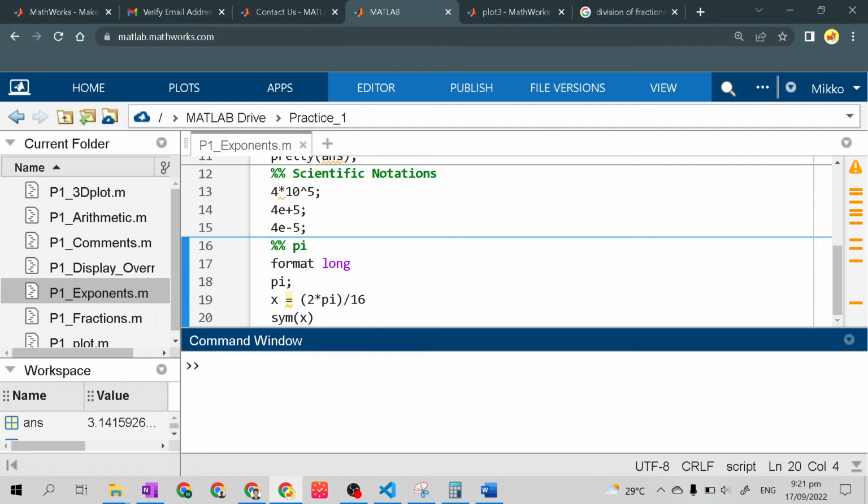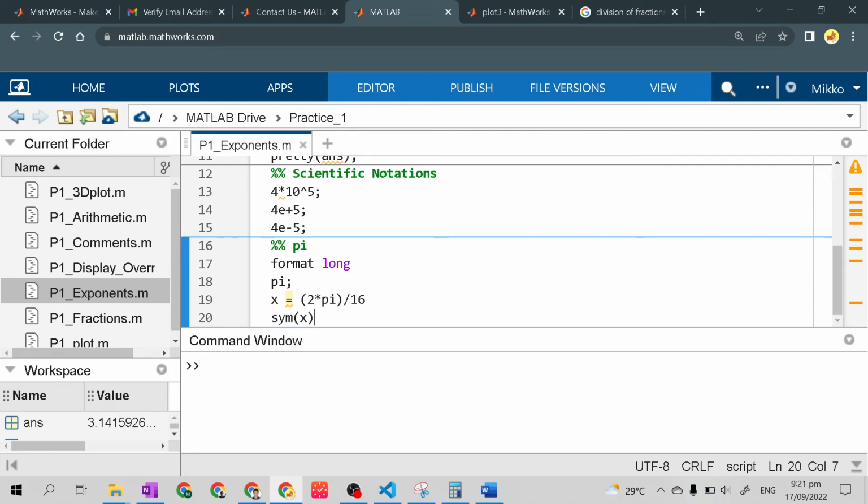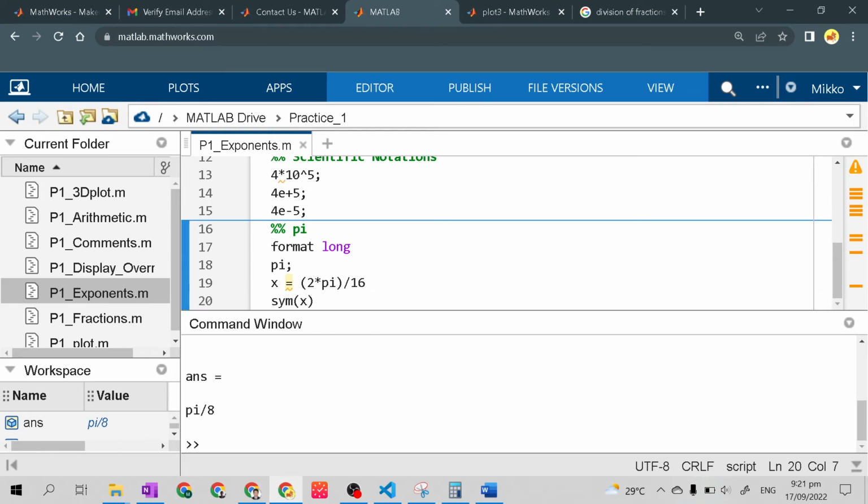Okay, the expression now is symbolic math. The answer is solved in terms of pi. As you can see, 2 pi over 16, and 2 and 16 you can still factor them. So the answer is pi over 8.